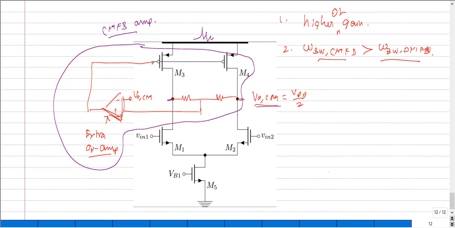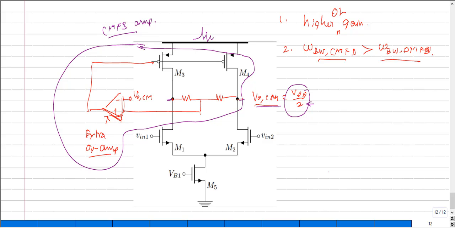And this shift has to settle back to what we wanted, which is VDD by 2. If this network has a very small bandwidth, then it takes a long time to reach back to this value. So that is what happens here.